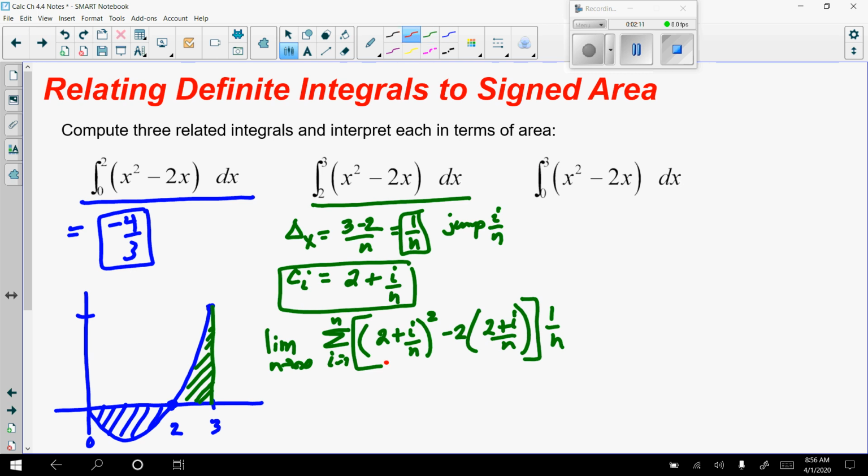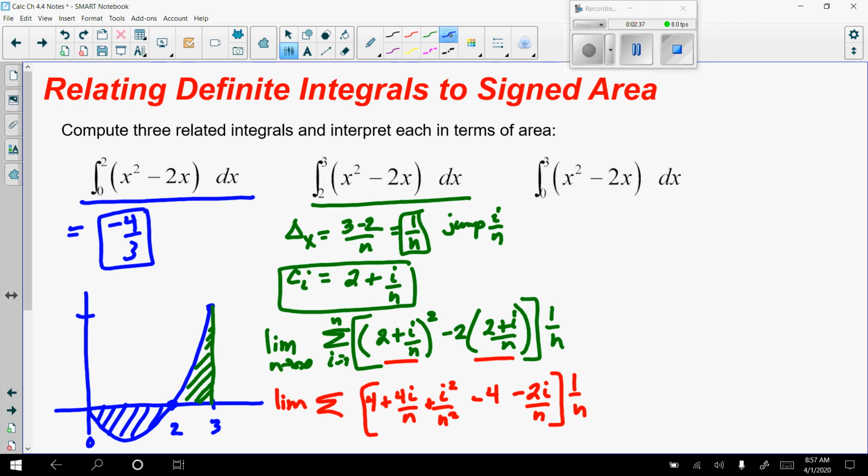So I need to FOIL this and distribute this. Foiling that, I'm going to get 4 plus 4i over n plus i squared over n squared, minus 4 minus 2i over n. All of that gets multiplied by 1 over n. Notice that I have a 4 and a minus 4. They cancel each other out.